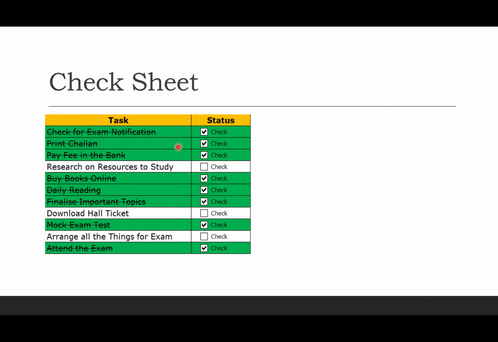Then next step was print challan, pay fee in the bank, research for resources for study, buy books online. So whatever actions or activities that you are supposed to do, that you intend to do, simply list down each and every activity in the check sheet and work accordingly. So this is what a check sheet is basically.